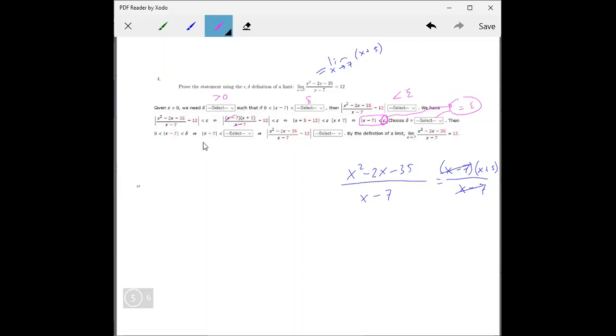Okay, so then if this is less than delta, then this is less than epsilon, because delta is equal to epsilon, and that implies this is less than epsilon. And then we're done. Okay, great.